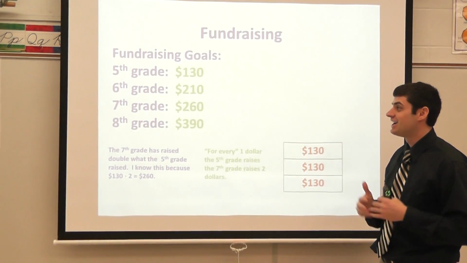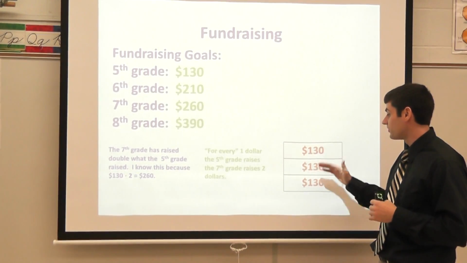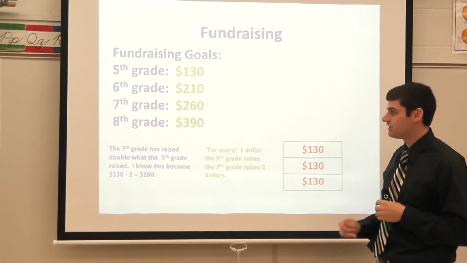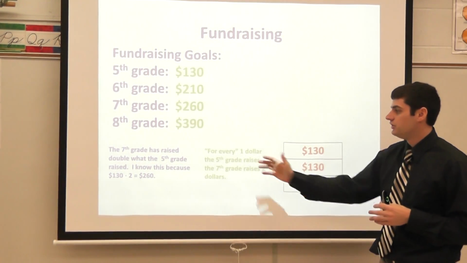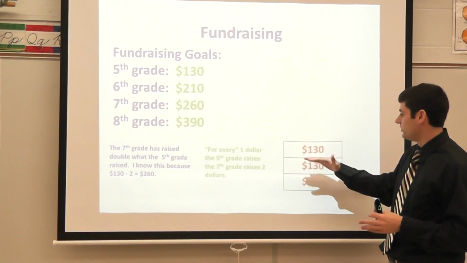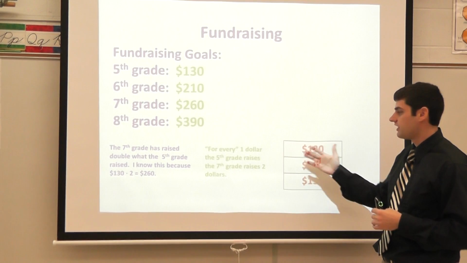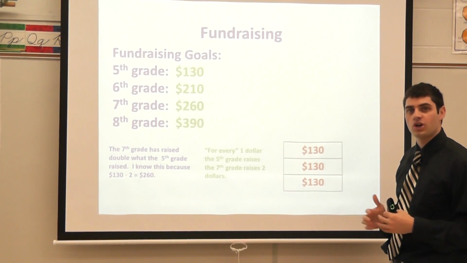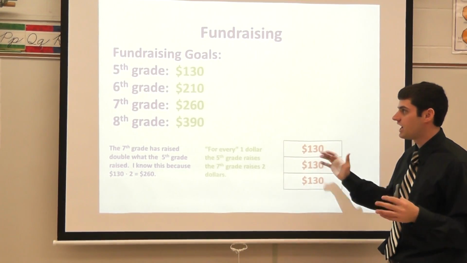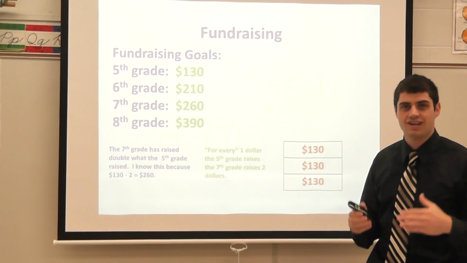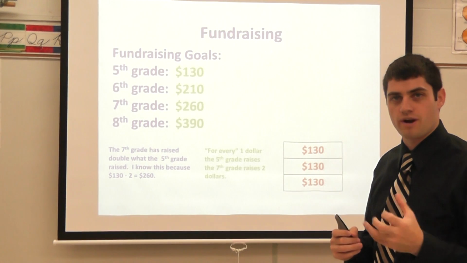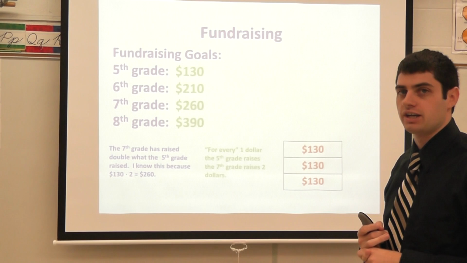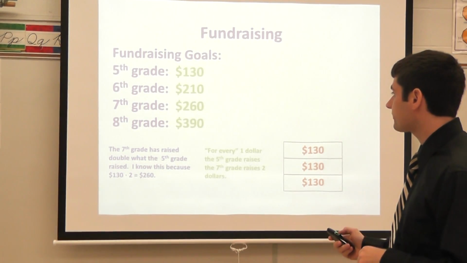So I could say that the 7th grade has raised 2/3 what the 8th graders have raised. So we just made 4 different comparisons using multiplication, using ratios and addition, using a diagram and a chart here, and then the best part, the fractions, 2/3, 1/3. We broke up our total into different portions to help us make some comparison and some connections. When working with fractions, a lot of times it might be helpful to draw out a little diagram for yourself to make it a little bit easier to understand.